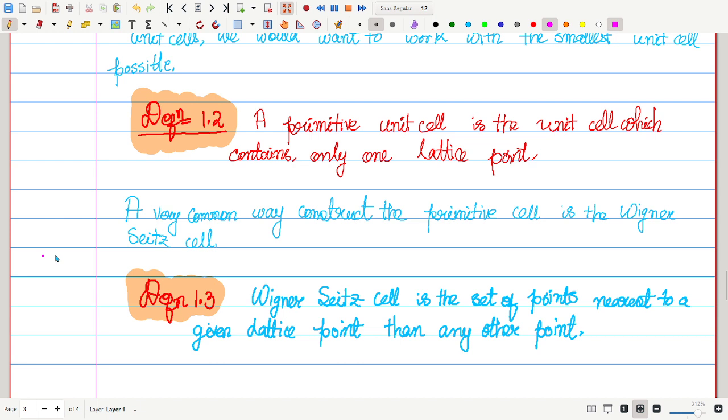So let's say there are a lot of points. Now, if we take this point, what are the set of points which are nearer to this point than any other points? What we can do is make some perpendicular bisectors.